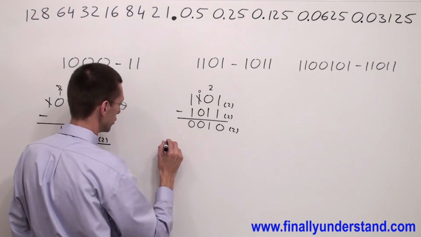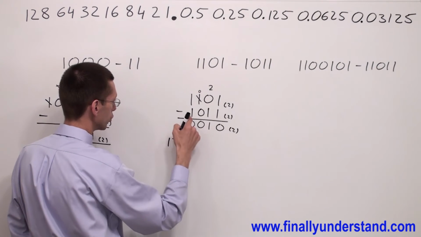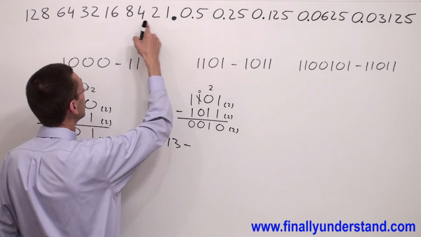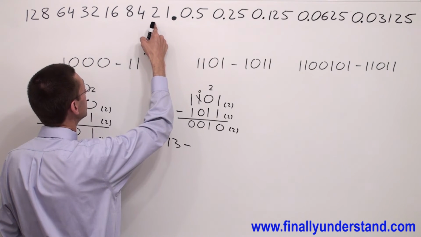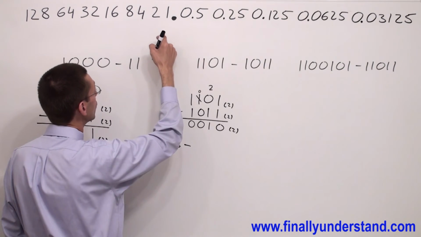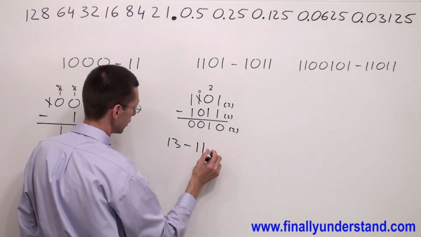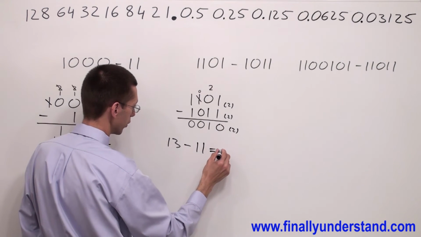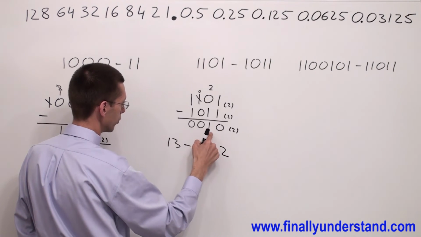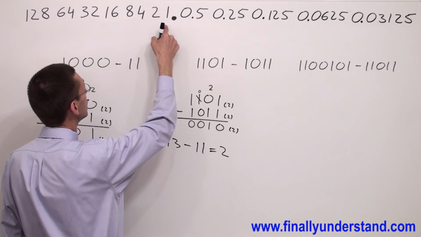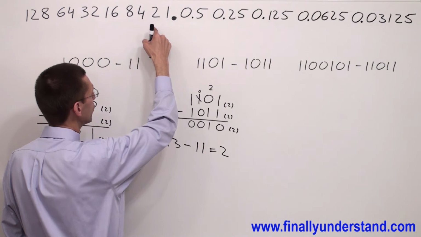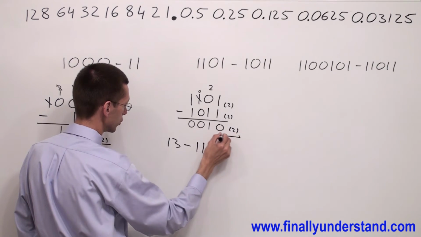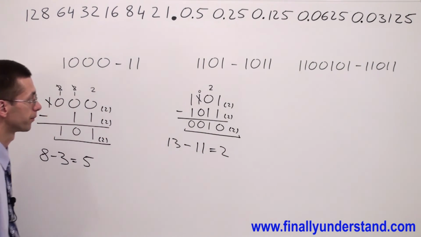So this is binary 13 minus 1, 0, 1, 1. 8 plus 2 is 10 plus 1 is 11. 13 minus 11 is equal 2. 0, 0, 1, 0. We have 2 over 1. So this is binary 2. So 13 minus 11 is equal to 2. That's why this is the solution to my problem.